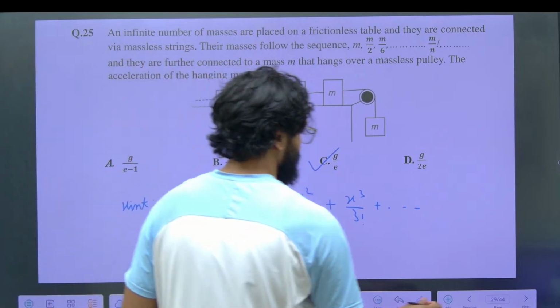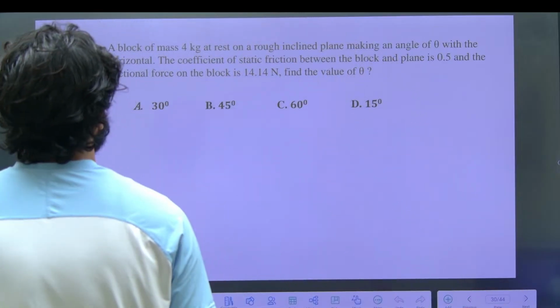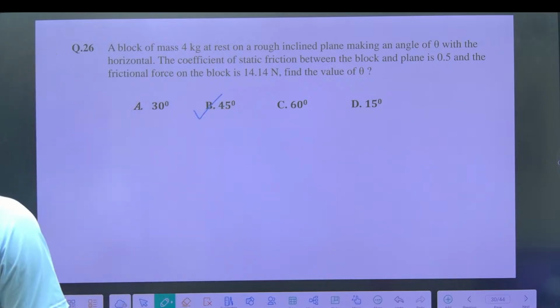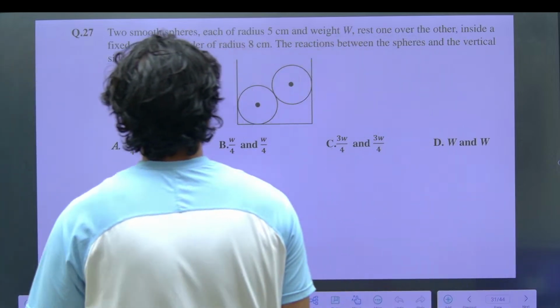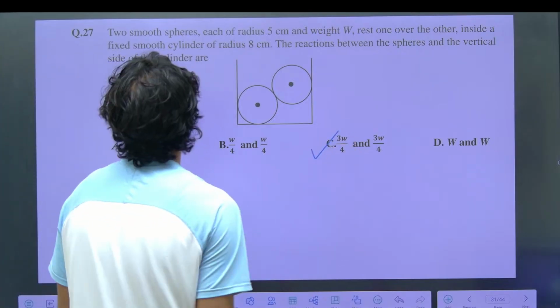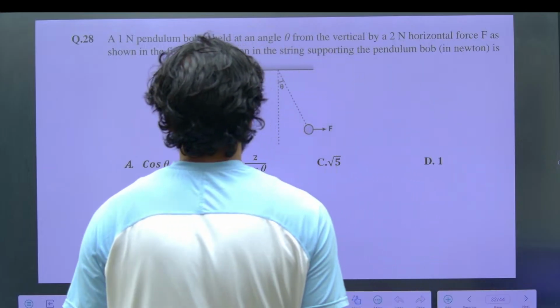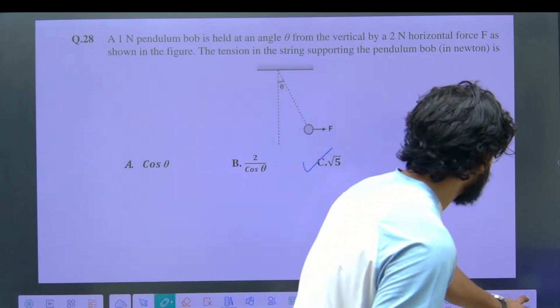Answer over here is this. Very easy question. Draw it beautifully and you can get the answer. So over here it is C. Very easy question. Kindly do this as well.